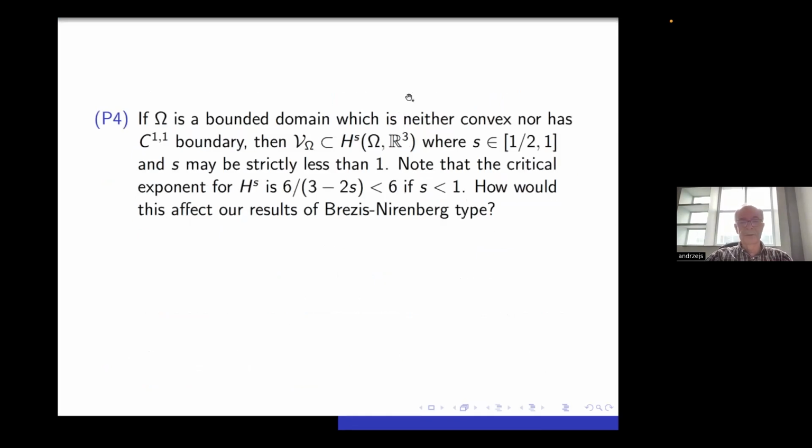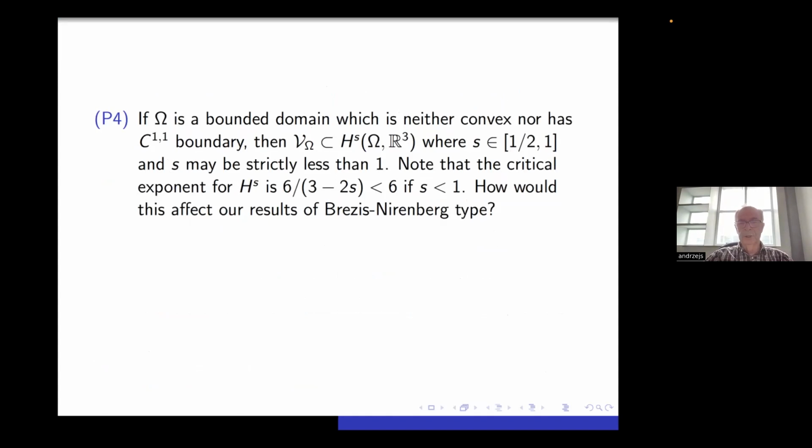Another thing which is interesting: if one takes a bounded domain and it's neither convex nor C1,1, then one can show that V omega is in H^s, where s is in this interval. And in fact, s can be strictly less than 1.